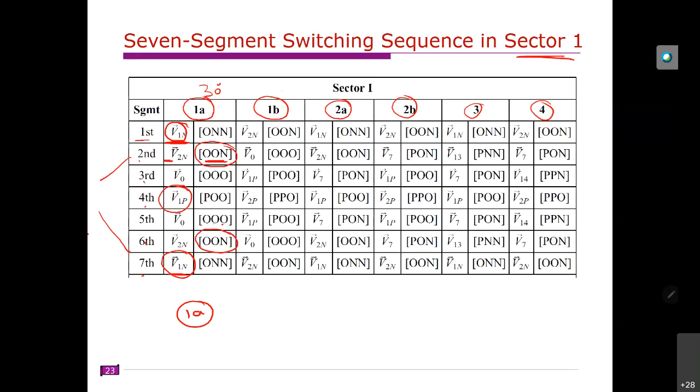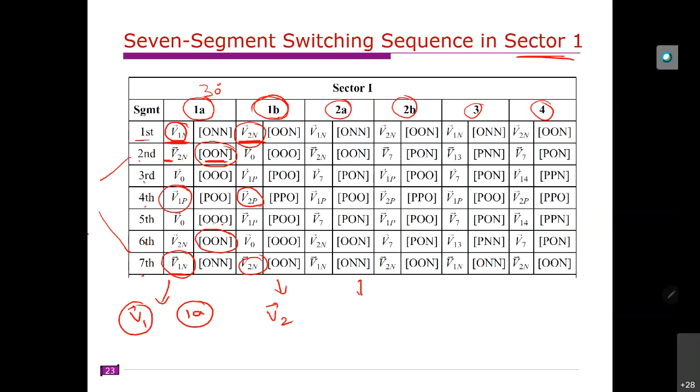For the same thing, if it is in 1B, this V2, we have implemented V2N here, V2P here, and this is V2N. Here this V1 is divided into P type and N type, and this V2 is now divided into P type and N type.